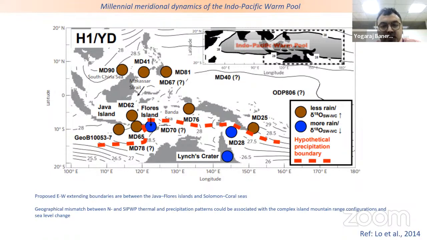And this has been done based on the comparison of the marine and terrestrial records from both parts of the ITCZ. What we can see is that the chocolate gray points represent the areas with lesser rain, and the blue circles represent the areas with higher rain.